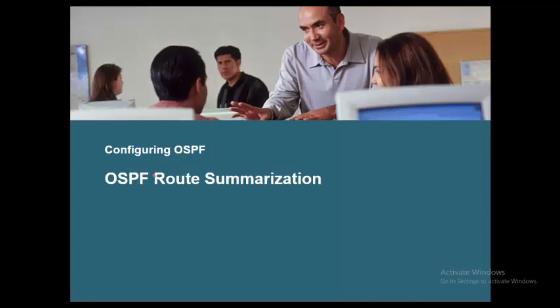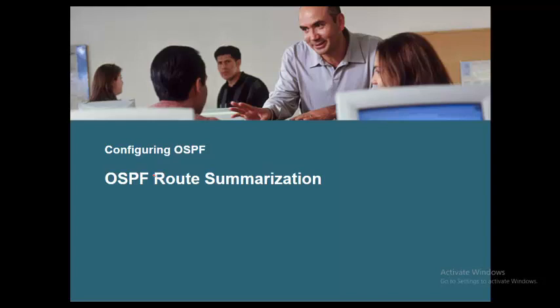So the commands we use for summarization in ABR and in ASBR are not the same. There will be something mentioned about area, like area 10 range, in ABR summarization. In ASBR summarization, you will have the summary-address command. There is no area mentioned in that command. Let us see that in the presentation first, and then we'll go and do the lab.